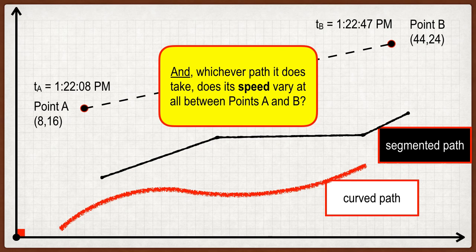It changes direction here, where the third segment starts. And down here on the curved path, it's changing direction constantly, at every instant of time. But up here on the straight path, if it goes from point A to point B, like a dragster, it still might be accelerating, but we don't have any of that information. But we would like to have that.